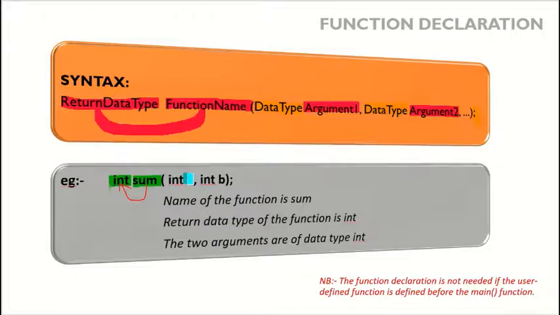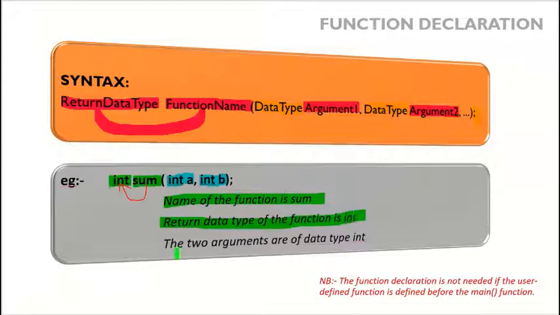These two, a and b, are the arguments of the function sum. A is of integer data type and b is also of integer data type. So the name of the function is sum, the return data type of the function is integer, and the two arguments are of data type integer.